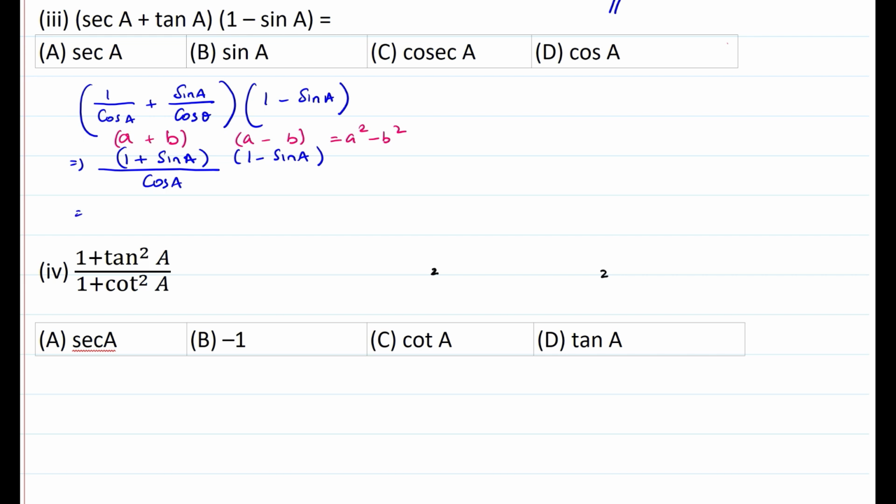Therefore, we can write the next step as 1 minus sin square A divided by cos A.